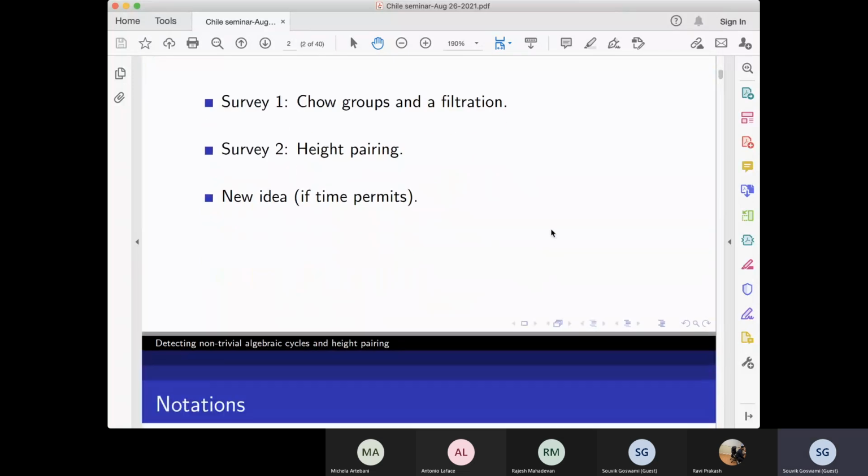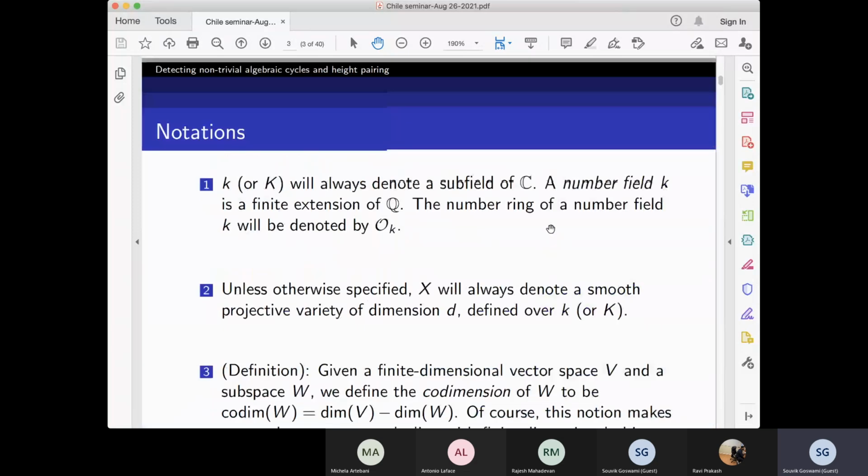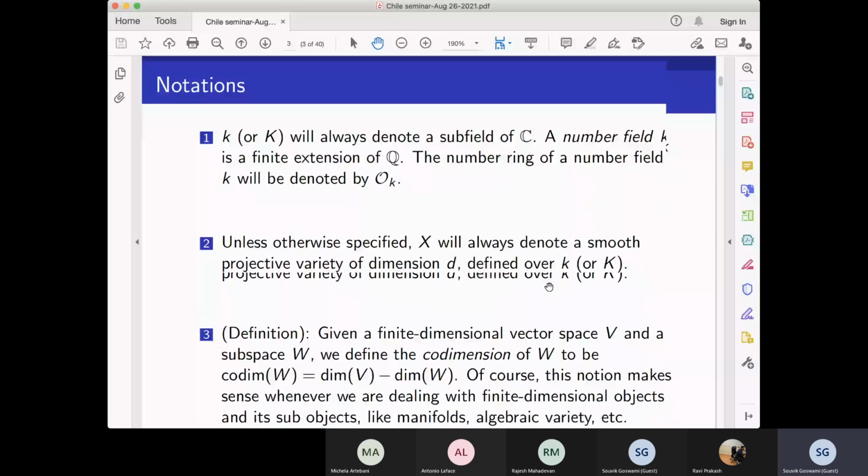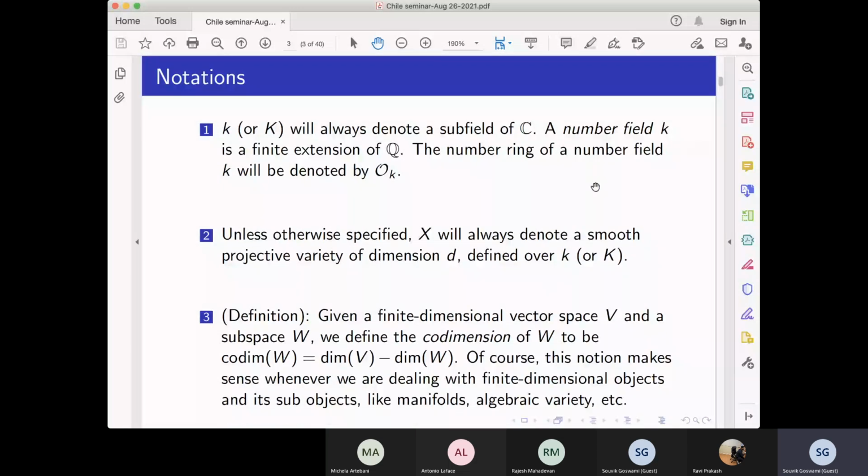Okay, so let's fix the notations. Small k and capital K will denote subfields of C, the complex numbers. A number field is a finite extension of Q. For example, you can attach the square root of 2 to the rationals to get an extension of Q, so that's an example of a number field.